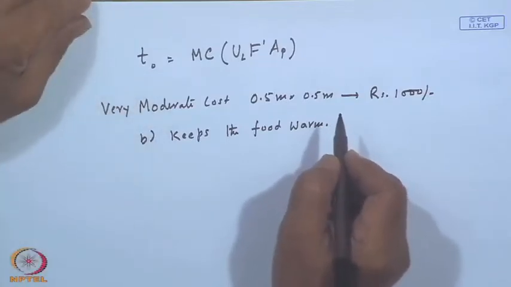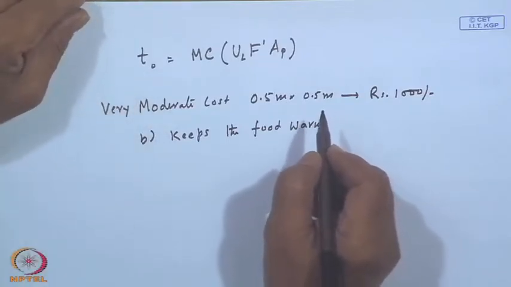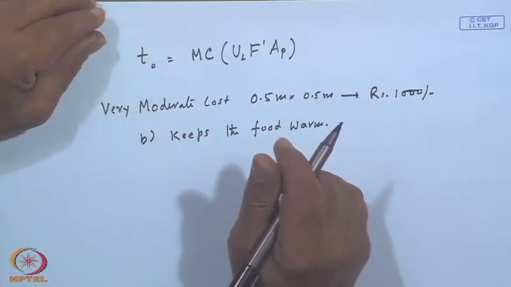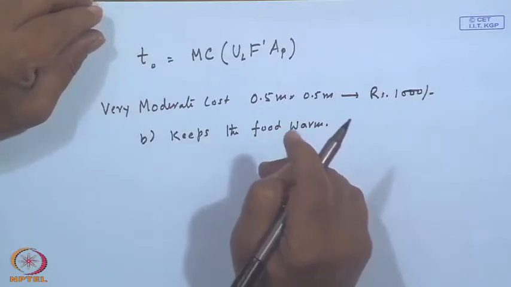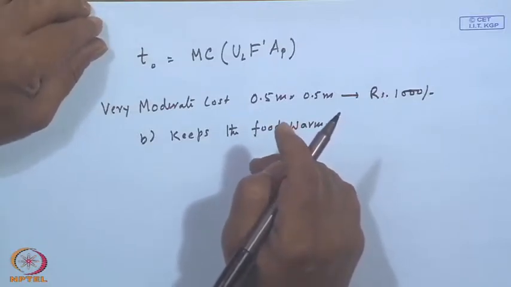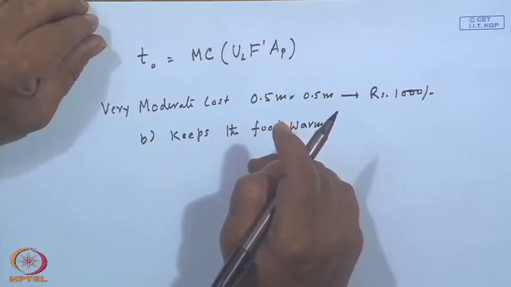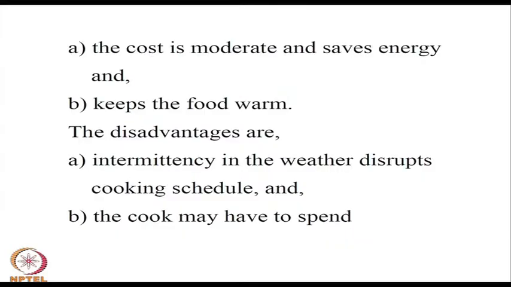So, assuming there is no intermittency and there is a continuous thing, somebody can keep it in the sun, and even if you do not worry so much about the booster mirror coming into the picture, the horizontal radiation itself, if it is high, it can cook the food and keep it warm until you come back after attending your job or whatever.